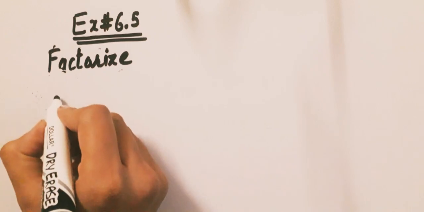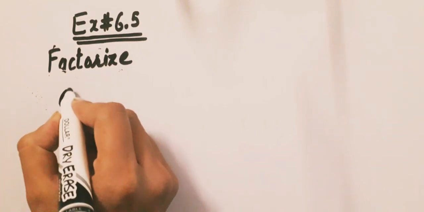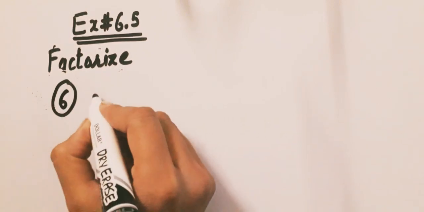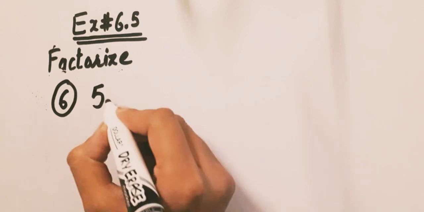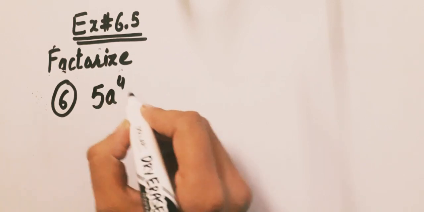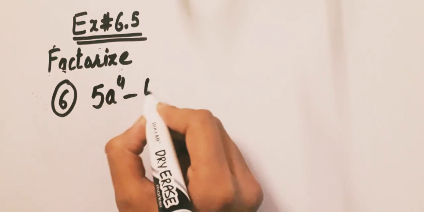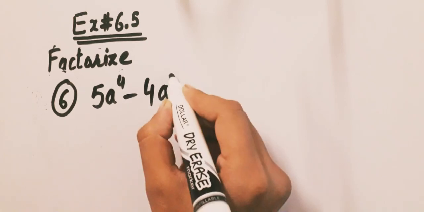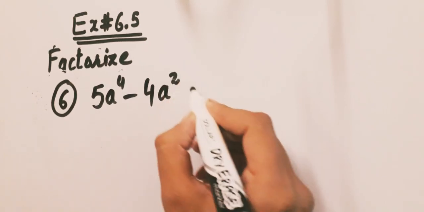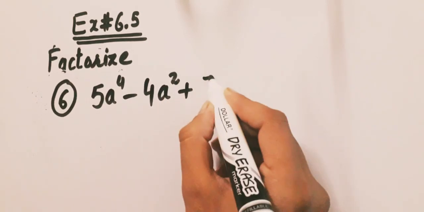Now we will solve part 6, that is 5a power 4 minus 4a raised to power 2 plus 3a.